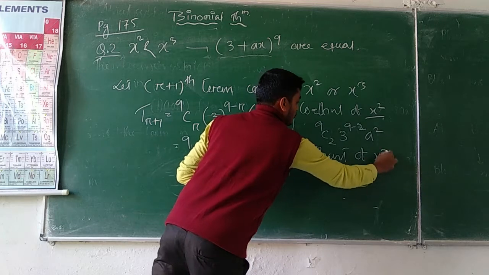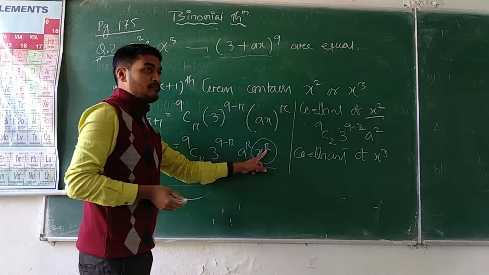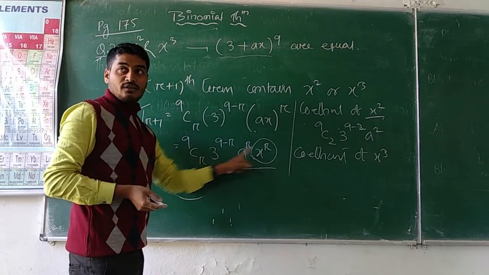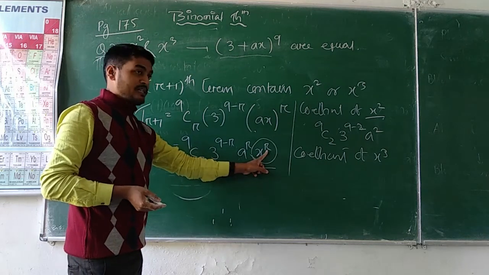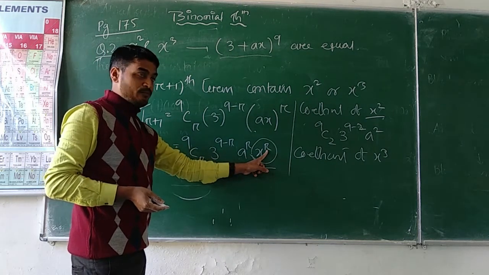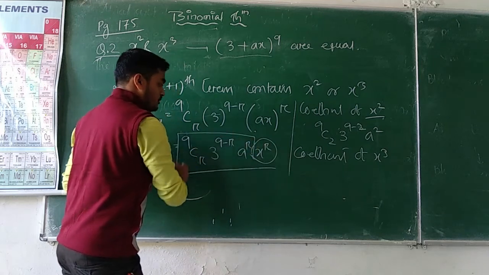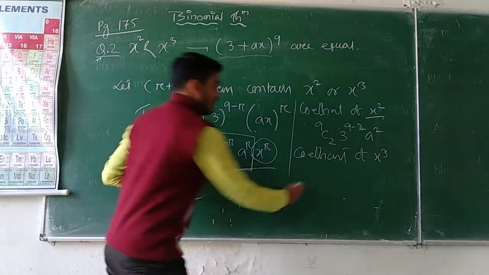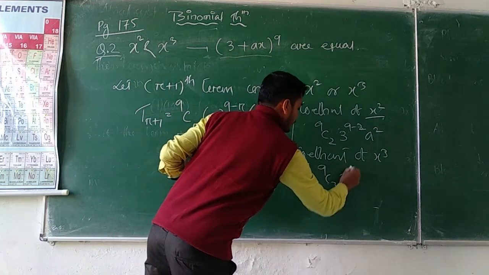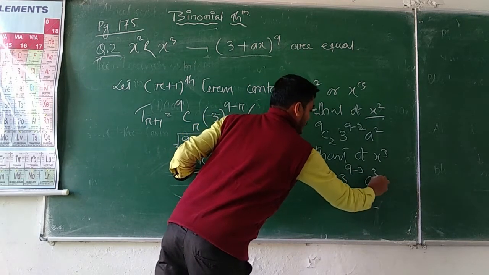Next, the coefficient of x cube: wherever r is there, in place of r you have to consider 3. Then the coefficient will be 9C3, 3 to the power 9 minus 3, a cube.